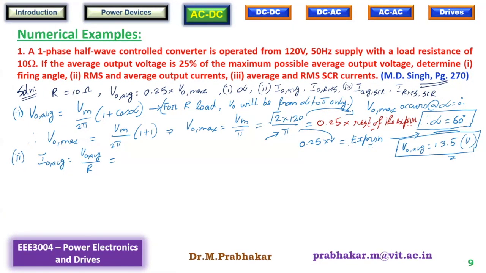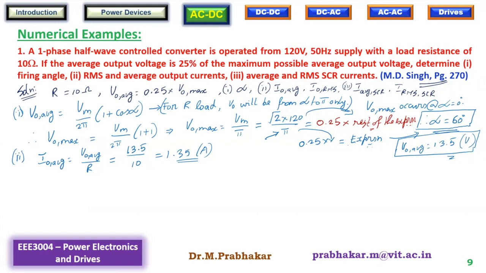Average will be this value by 10. That's all. This is 1.35 ampere. Subdivision 1. V naught max equal to root 2 into 120 by pi.